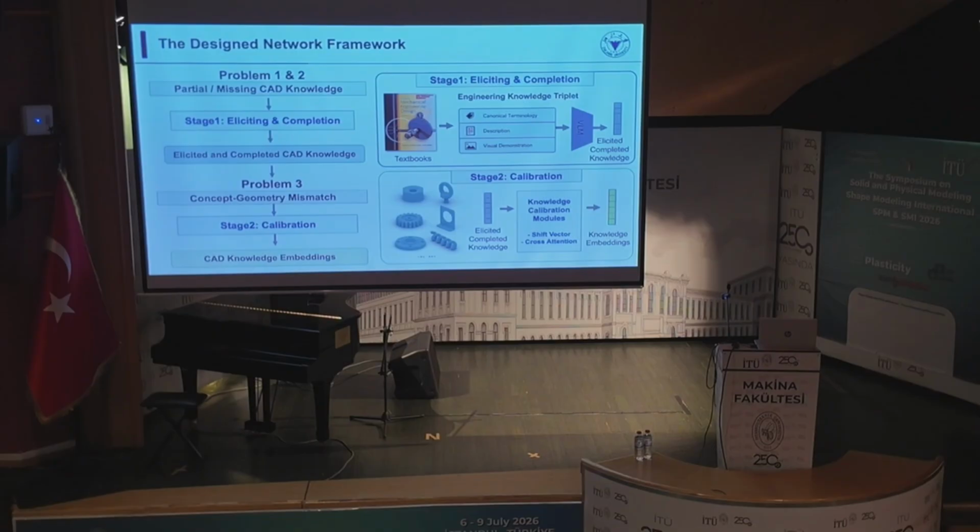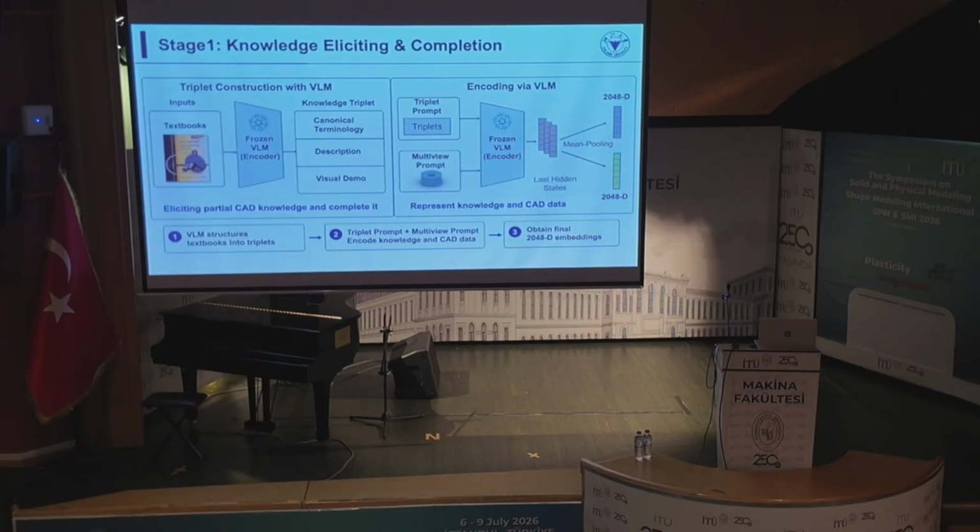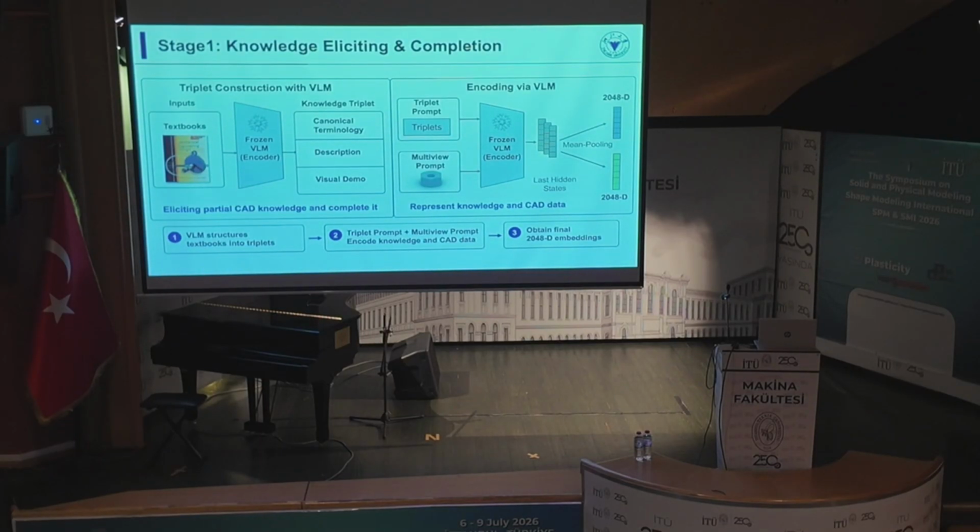In stage 1, we elicit and complete the partial CAD knowledge by utilizing textbooks. First, engineering textbooks are structured into knowledge triplets, a specifically designed data structure for representing textbooks, also using a VLM. Each triplet contains canonical terminology, description, and visual demonstrations.